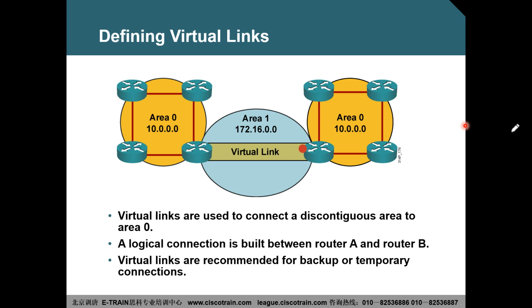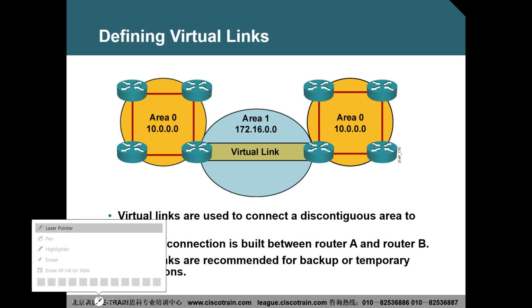The area 1 part is also there, the area 0 part is also there. Using the area 1 reachability, we form the area 0 tunnel. Yeah, that is what actually happens.